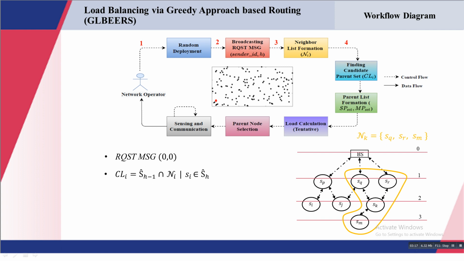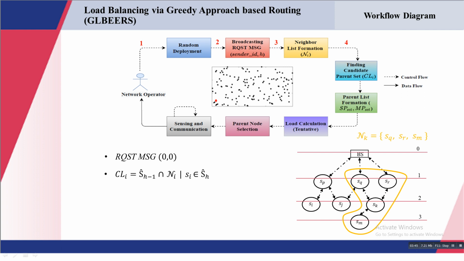What this equation says is that S_{h-1} denotes the set of sensor nodes which lie at hop count h minus 1, and Ni is the neighbor list. The intersection of S_{h-1} and Ni gives the candidate list.